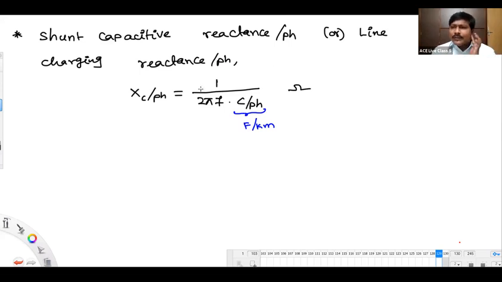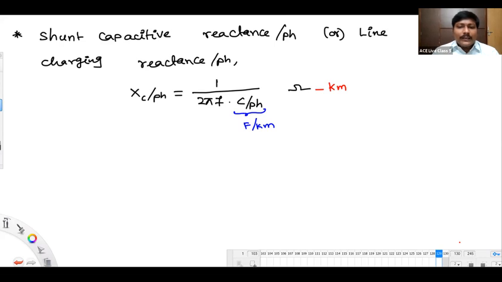Then what are the overall units? 1 by kilometer means it will come out as ohm kilometers.